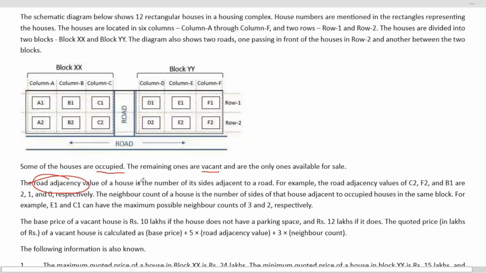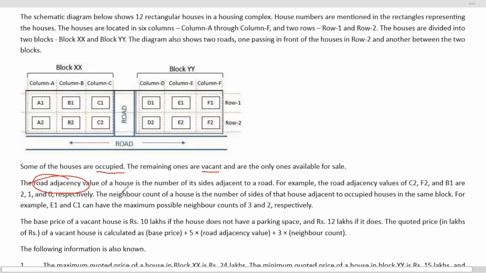This value is how many roads are adjacent to your house. Like for C2, two roads are adjacent, so road adjacency of C2 will be 2. But for E2, it would be 1. Similarly, for B1 or E1 or F1, road adjacency will be 0. This is the information mentioned here.